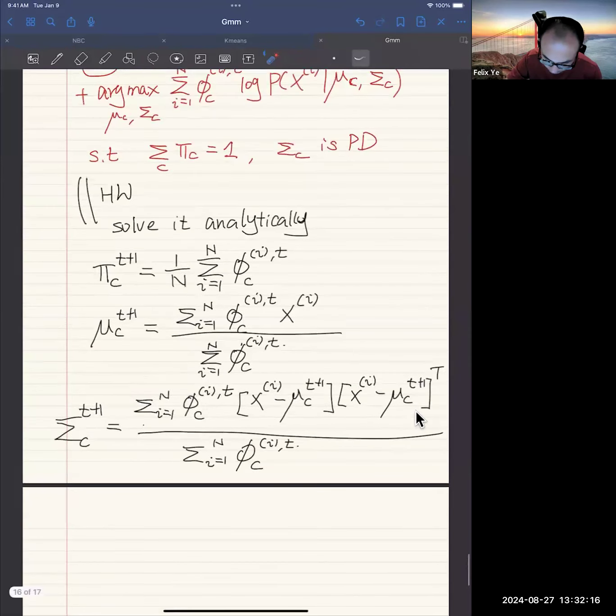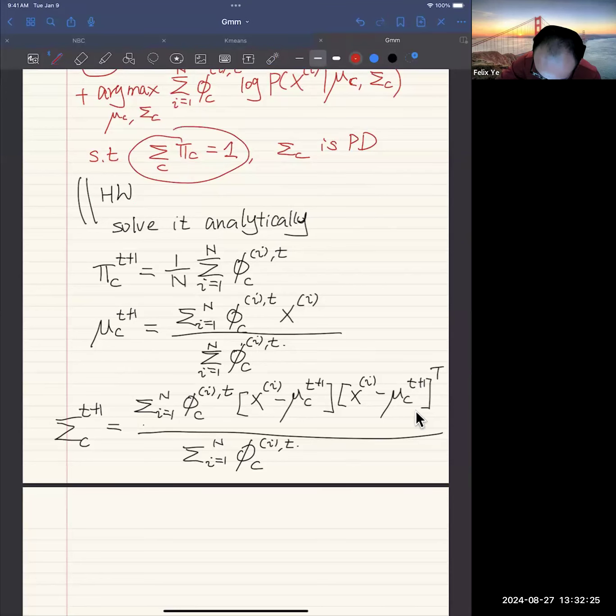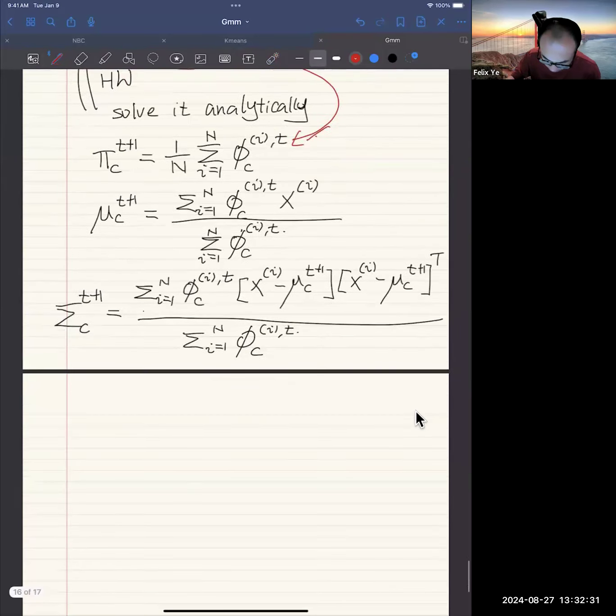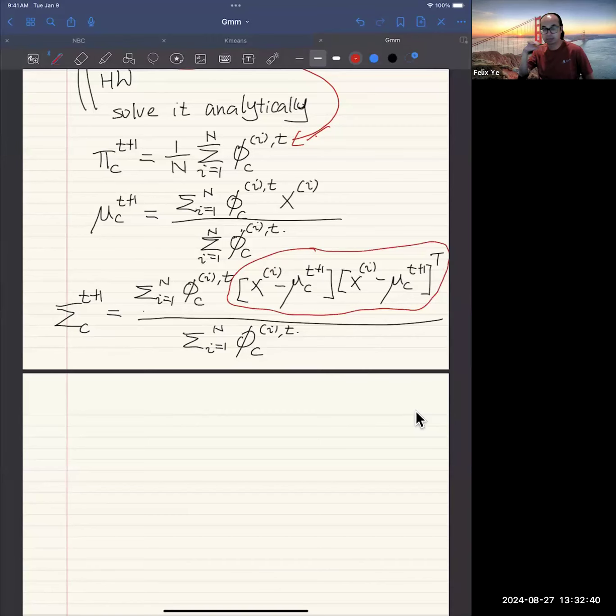So this is a homework problem. The beauty of this is that this constraint right here is satisfied automatically for pi c at t plus 1. And also sigma, which is my covariance, if we construct our covariance in this way with weighted sample covariances, is positive definite, satisfied automatically.